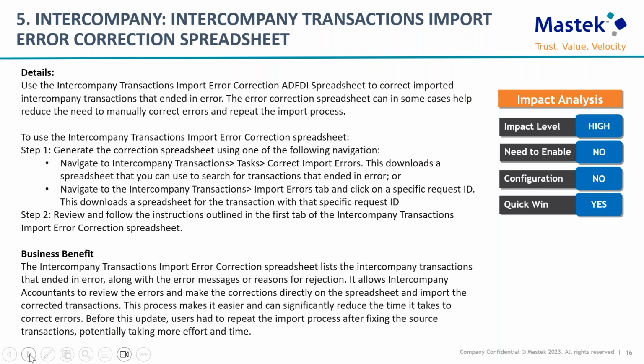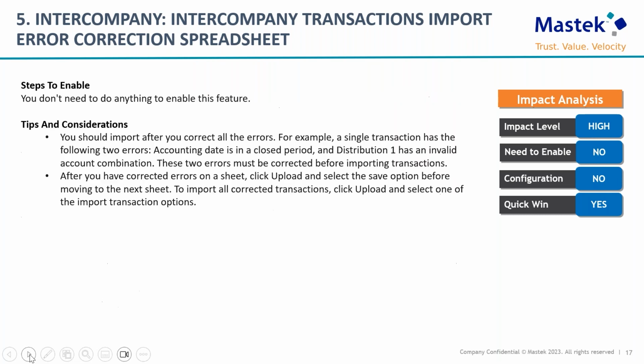We can navigate to the intercompany transactions task, correct import error tab, and click on a specific request ID to download the spreadsheet with transactions that ended in error. This spreadsheet even contains error messages or reasons for the rejections. It allows us to review errors and correct them directly in the spreadsheet itself.